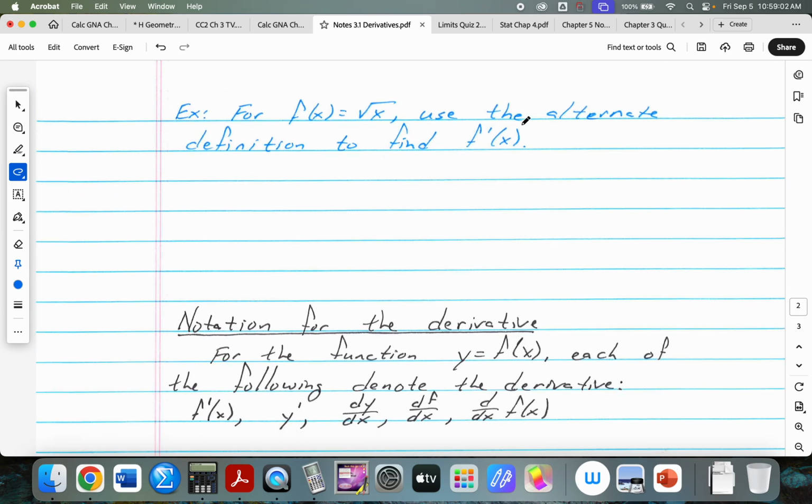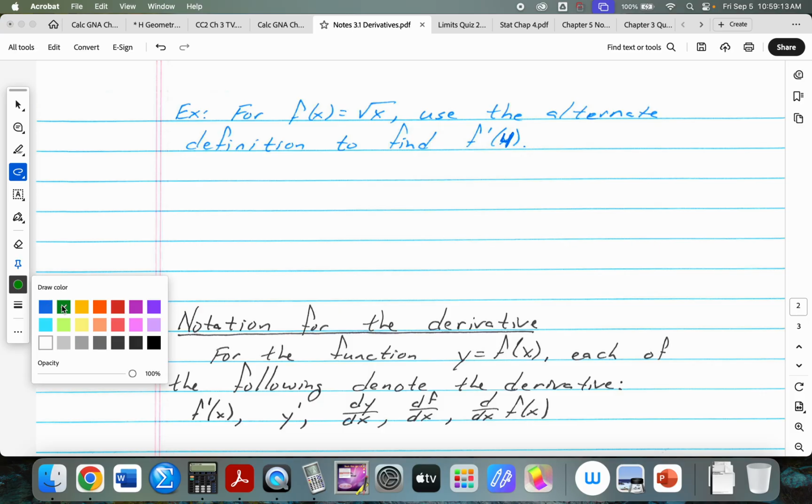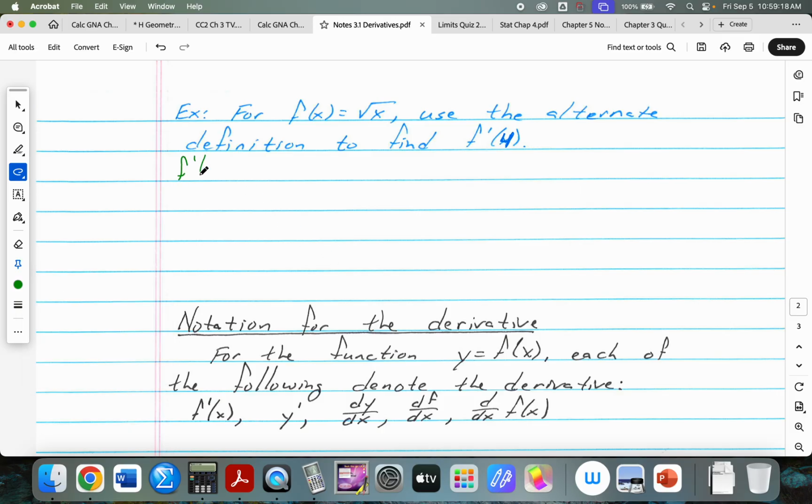I'm going to make a quick change to this one. We're going to use the alternate definition to find f prime at 4. So f prime at 4 will be equal to the square root of x minus f of a, so the square root of 4, all over x minus 4.